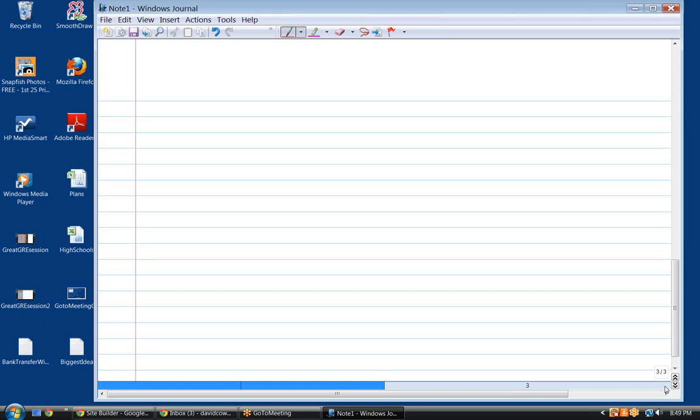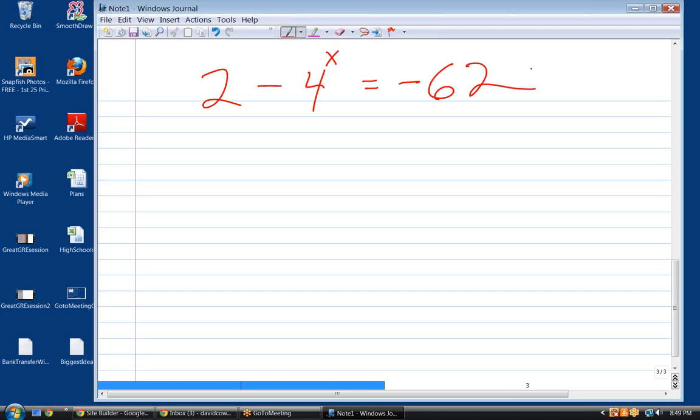The next ones are solve each equation, is what it says. Okay. And it says 2 minus 4 to the power of x equals negative 62. Okay.